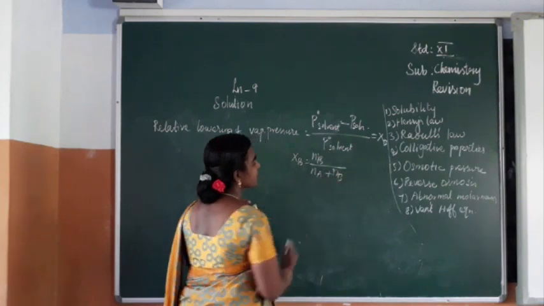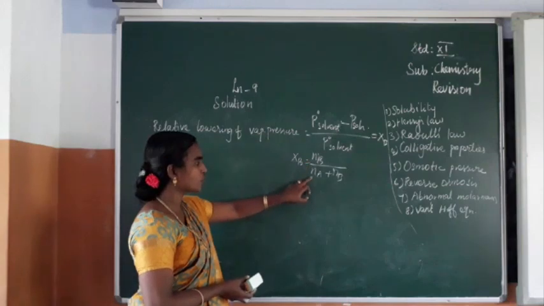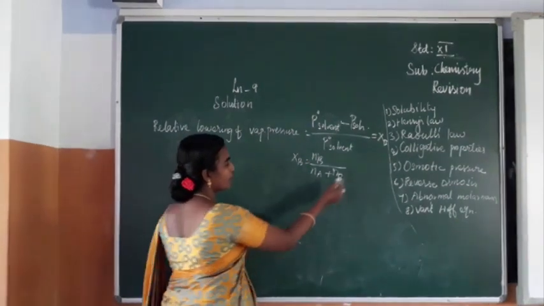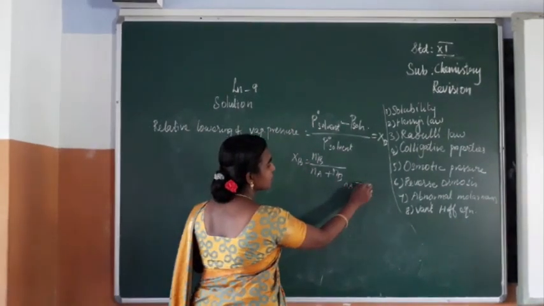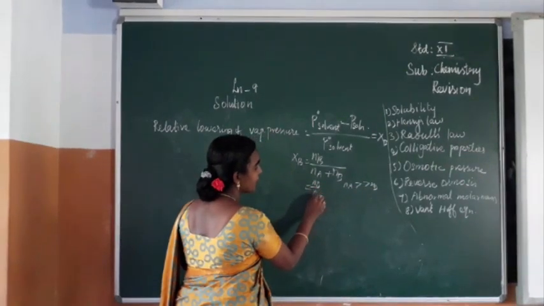Here NB is the number of moles of solute, and NA is the number of moles of solvent. Usually in a solution NA is much greater than NB, so we can write NB divided by NA.